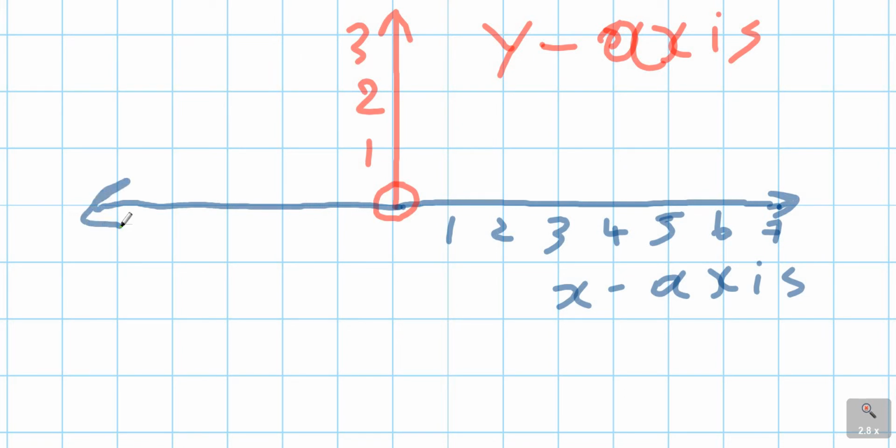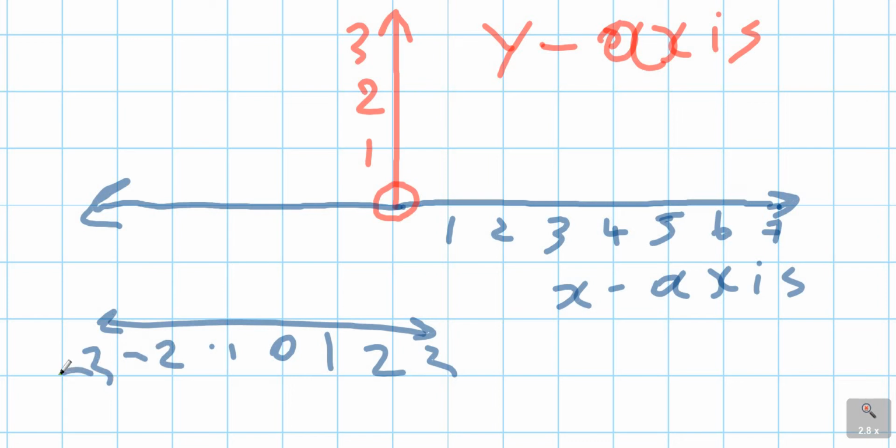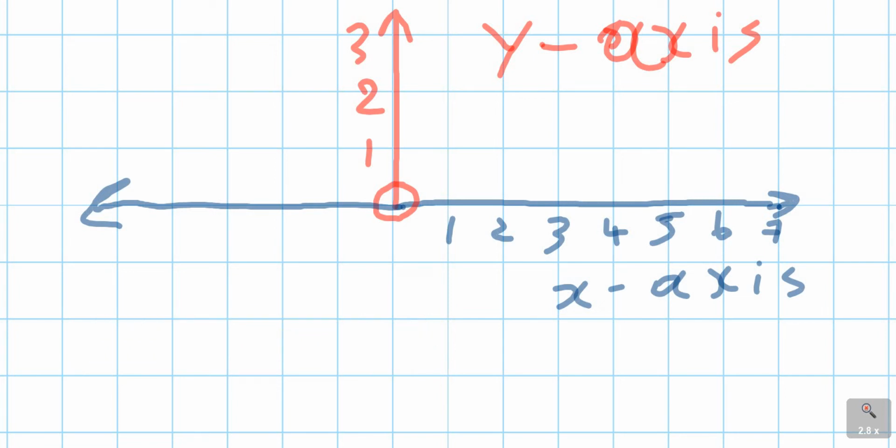And so if I am on a number line like this, if I pass 0, I am actually going down to negative. And so this is the same concept we are going to demonstrate.